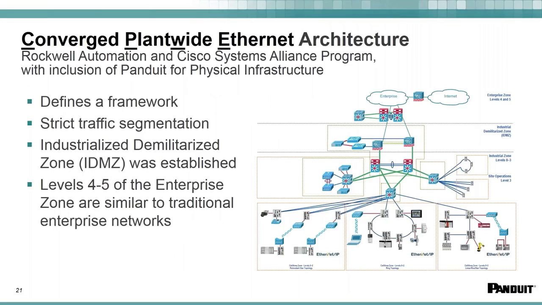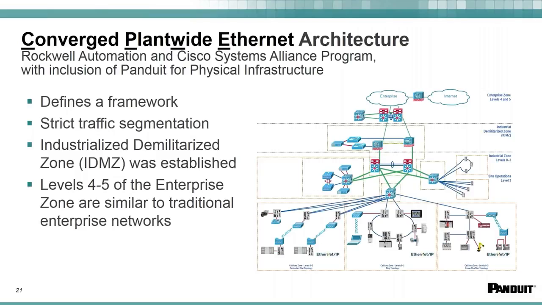One of the other important things to look at is how the networks are segregated. We like to utilize a system called CPWE. This was developed by Rockwell Automation and Cisco, and Panduit has now been included in the latest revision as part of the physical infrastructure portion.